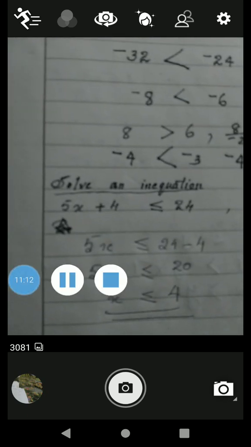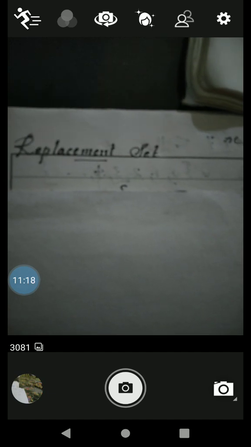In this case, we are taking the values of x from a replacement set. Now we can see what a replacement set is. A replacement set means the set from which the value of the variable x is to be chosen.